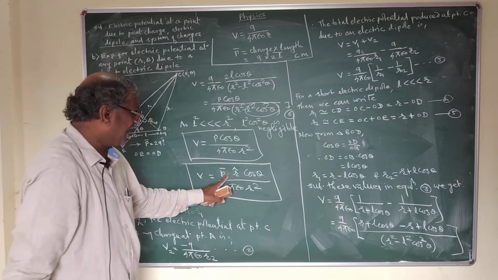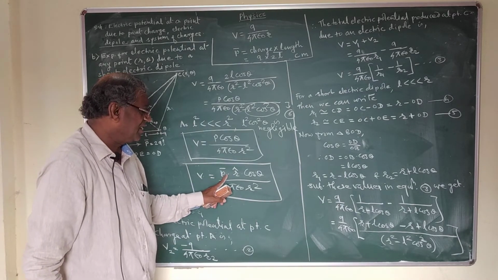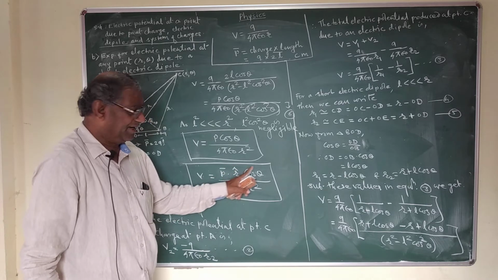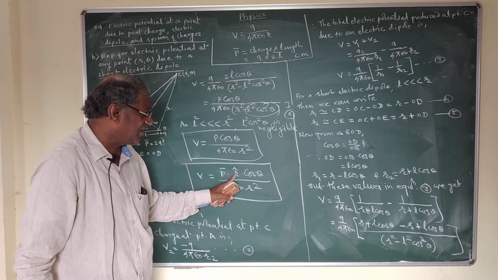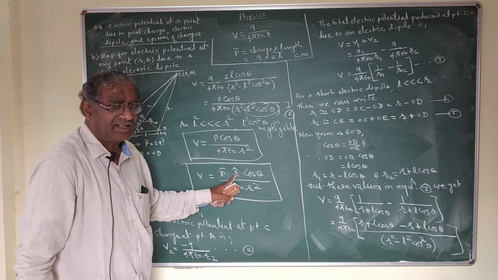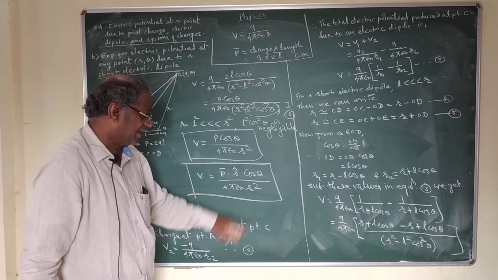P dot r is equal to mod of p into mod of r into cos theta, where this term is called the unit vector along the direction of r.